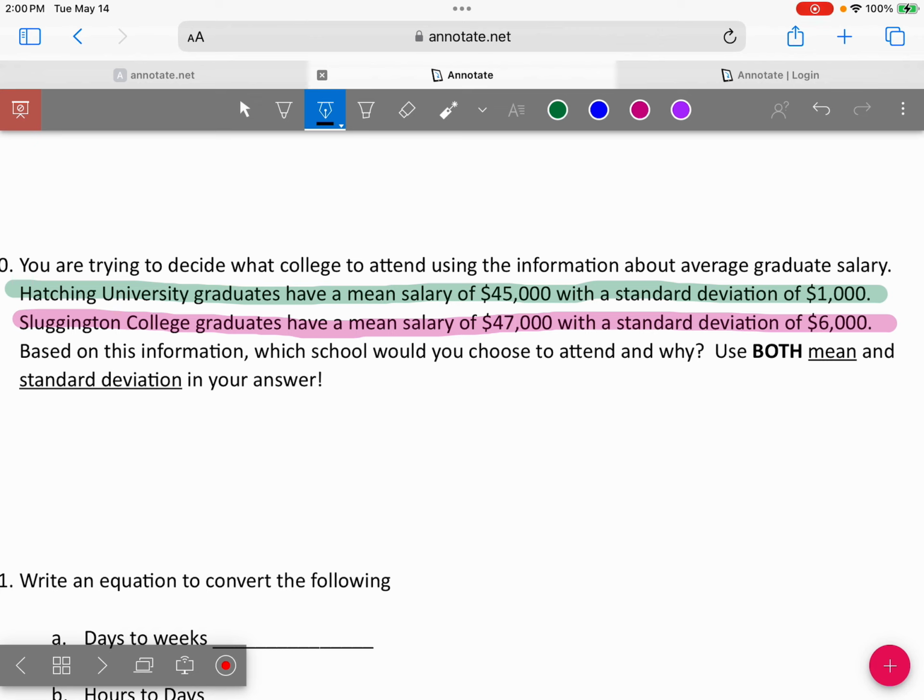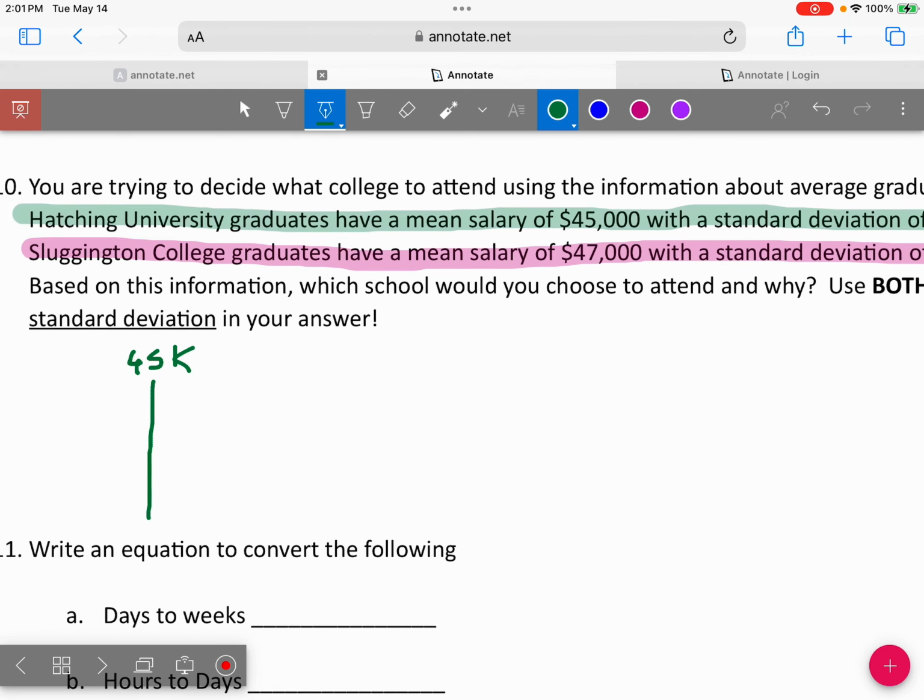Okay. So the standard deviation is how far from the mean for most. So for Hatchings University, we have our average of 45,000. I'm just going to say 45K. And most people are within 1,000 this direction, so down to 44, or 1,000 this way, up to 46. So most people are in this range somewhere, between 44 and 46.